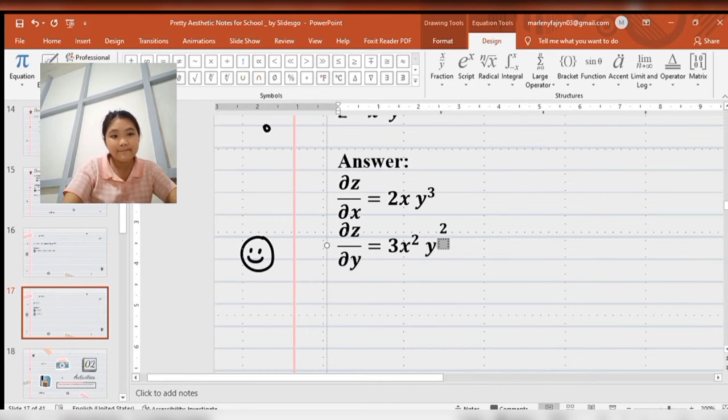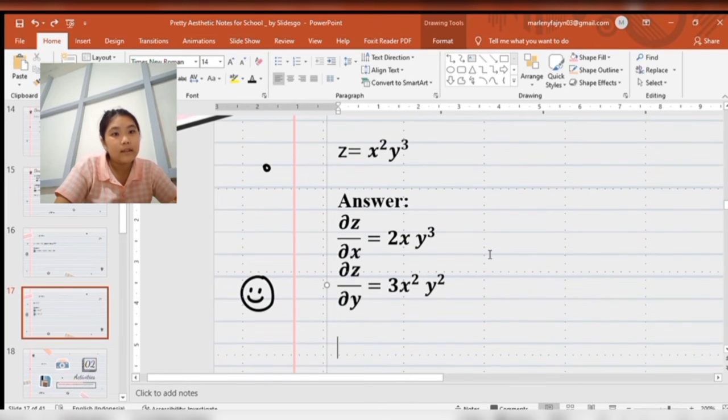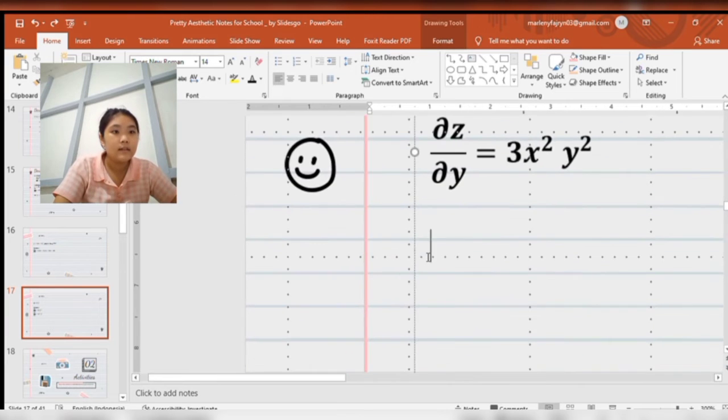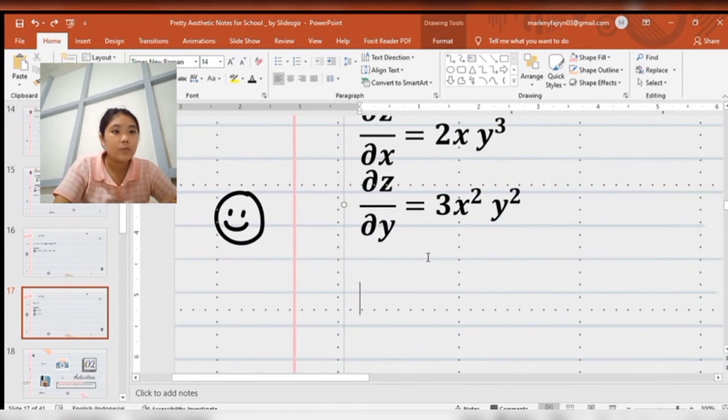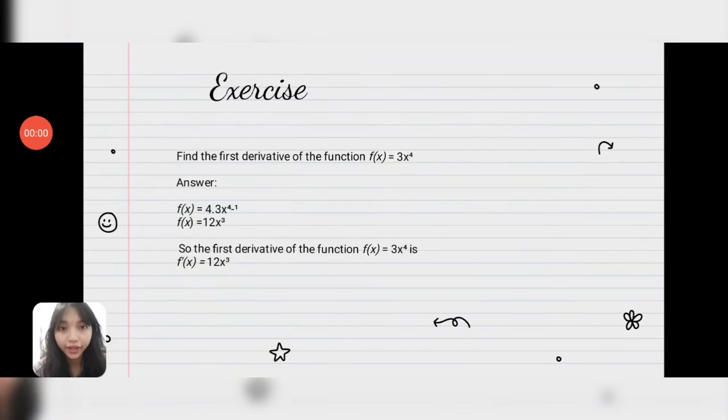Okay, done. So the partial derivatives of z equals x^2 y^3 are 2xy^3 and 3x^2 y^2.